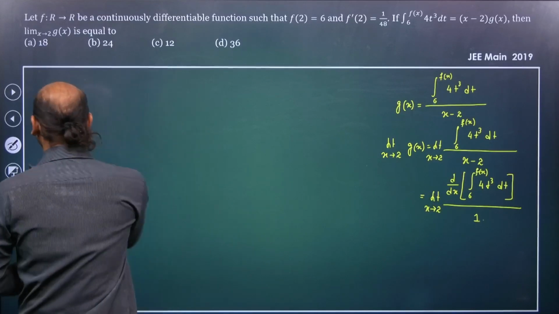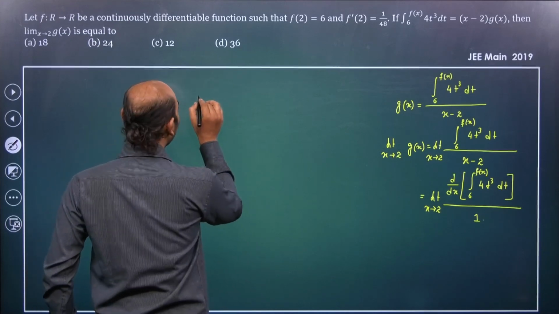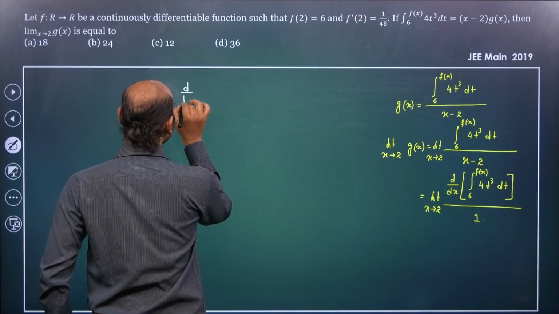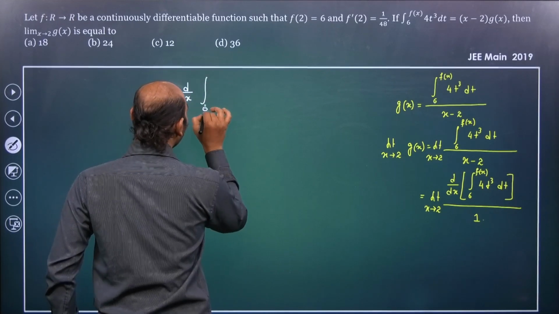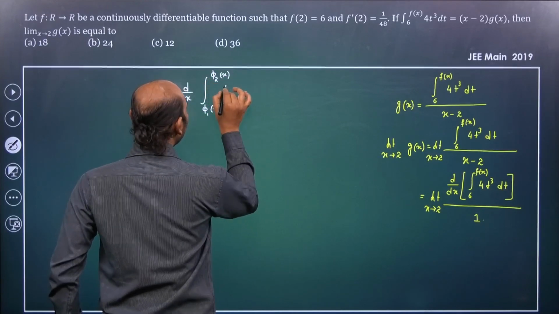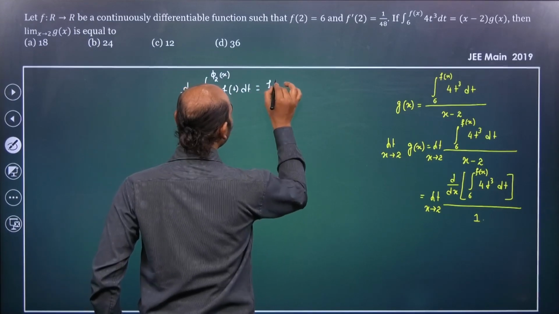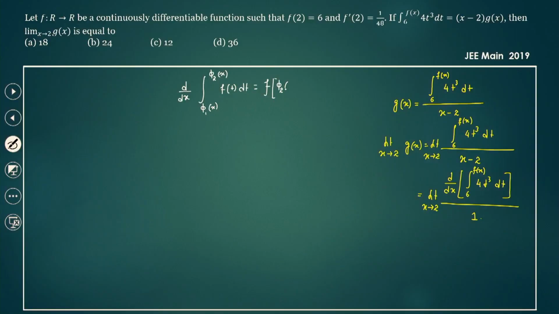Here we have to use one important relation. d/dx of the integral from phi 1(x) to phi 2(x) of f(t) dt, if we differentiate like this, we get f of phi 2(x) multiplied by phi 2 dash x, minus f of phi 1(x) multiplied by phi 1 dash x.